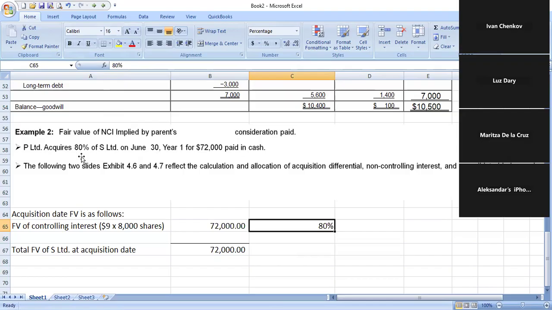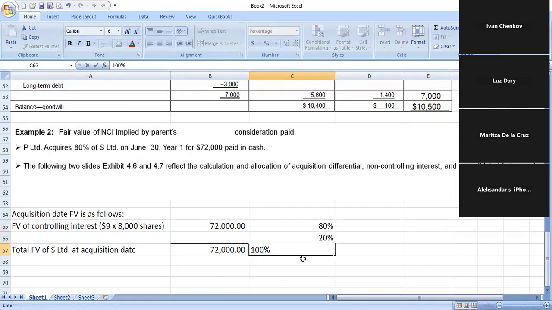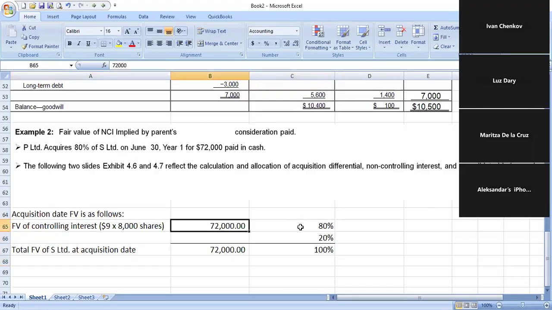We already know we acquired 80%. So non-controlling is 20%, right? And once we have those two, the total should be equal to 100, correct? So now, if for the 80% I'm paying 72, how much would I have to pay if I purchase 100%?